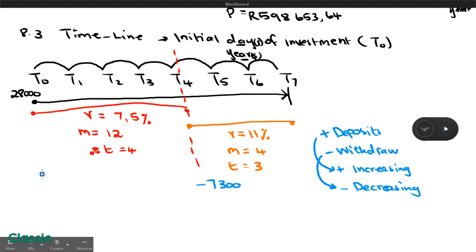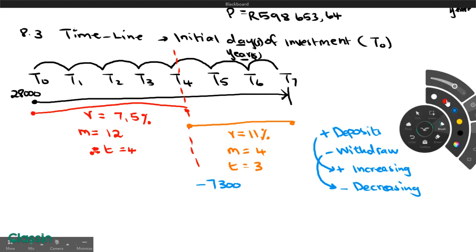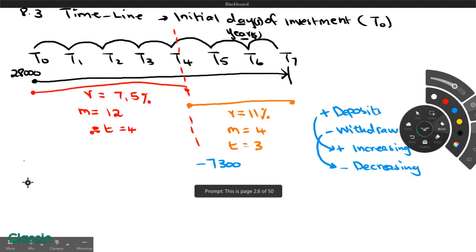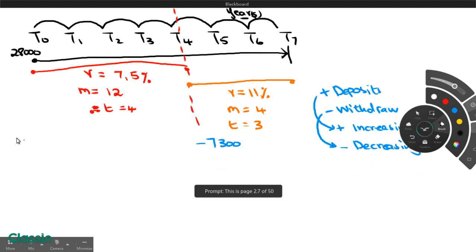So now when we calculate how much money is in the account, following the given sketch, it means that our A is 28,000. Now we need to represent this, but remember that when we represent this from here to there, it's about 28,000 in the account.